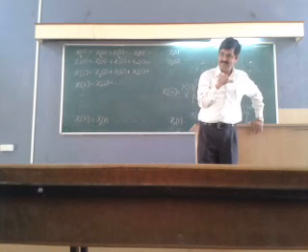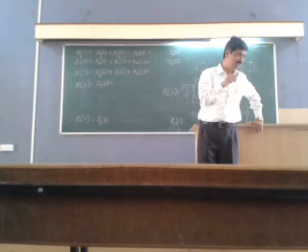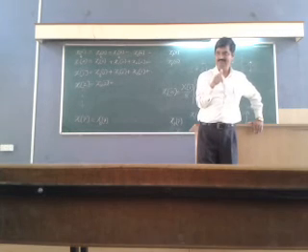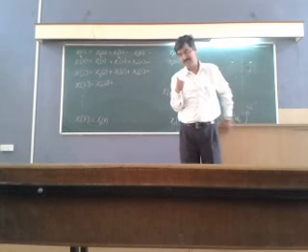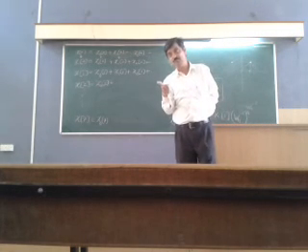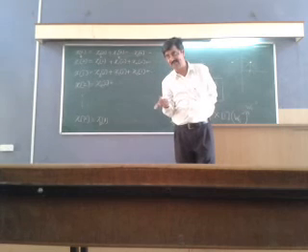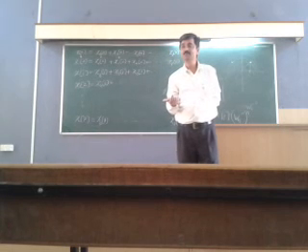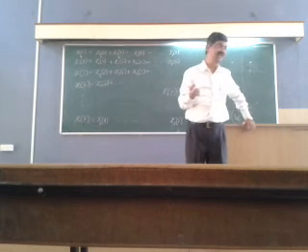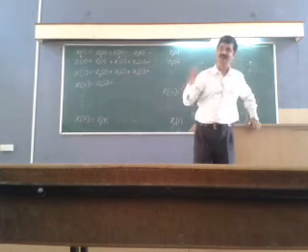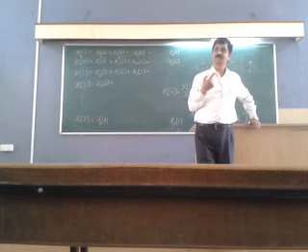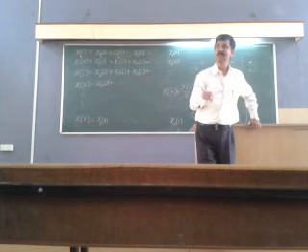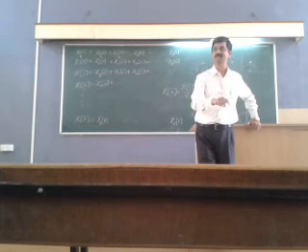First all steady, then pi by 4 per sample, pi by 2 per sample, 3 pi by 4 per sample, pi per sample, 5 pi by 4 per sample, or minus 3 pi by 4 per sample clockwise, then minus pi by 2 per sample and minus pi by 4 per sample.